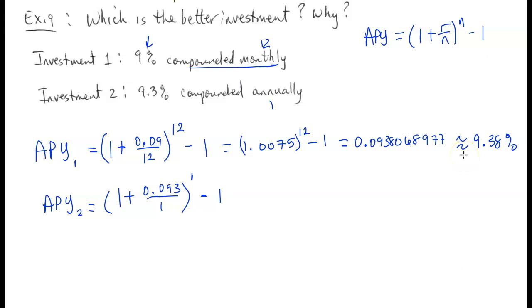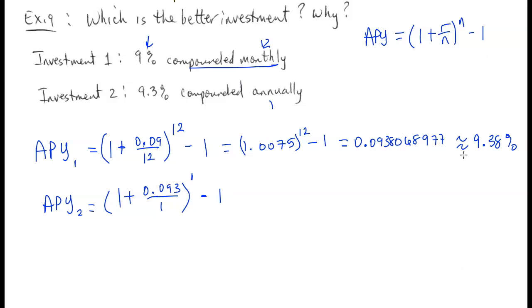Okay, so for investment 1, you're told that you're going to get an annual percentage rate of 9%, but in actual interest, in terms of how much money you put in and how much money you get out, it's going to be about 0.38% more.